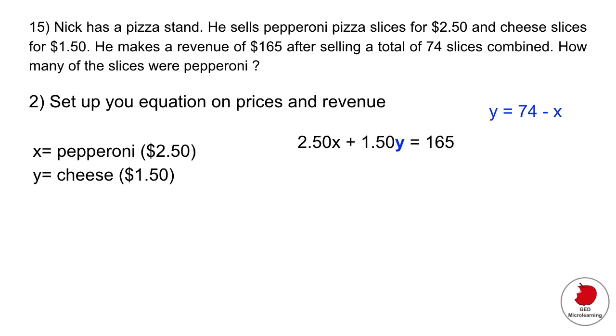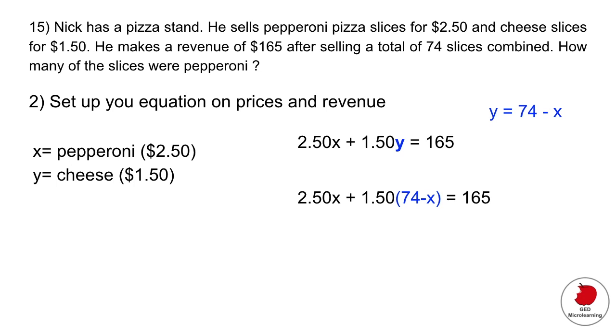For every pepperoni slice that he sold, that was $2.50 multiplied by x, the number of pepperoni slices, plus $1.50 multiplied by y, which is the number of cheese slices. Now you have this equation, and what you're going to do is introduce the equation that you found before, which is appearing there in blue. So you're going to plug that in, like that, boom.